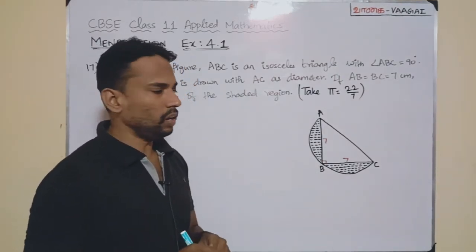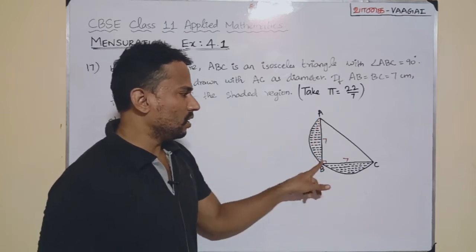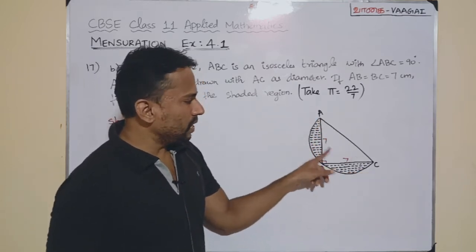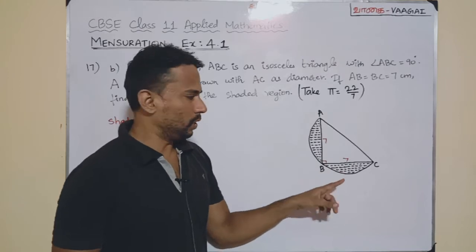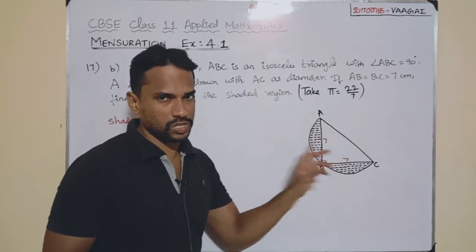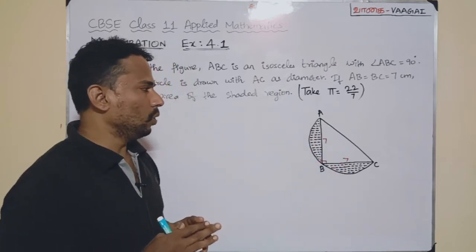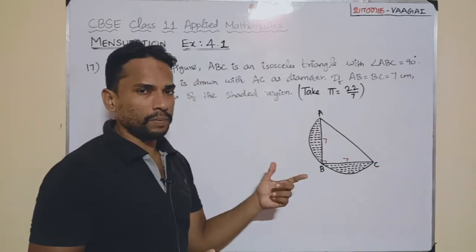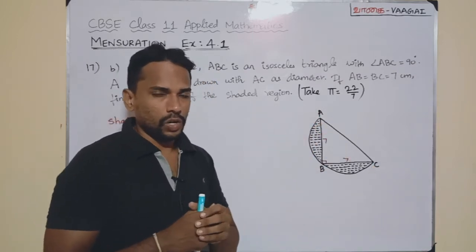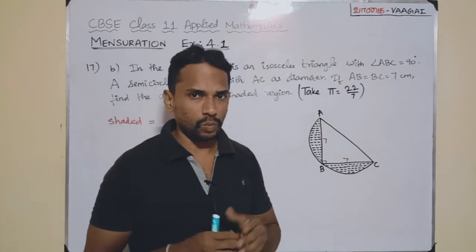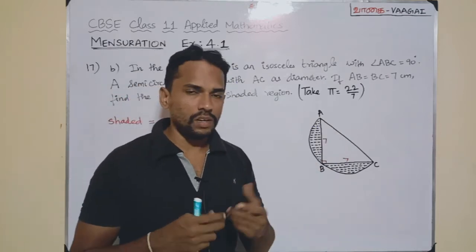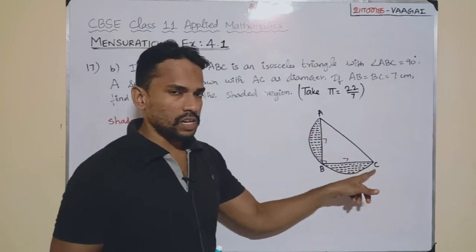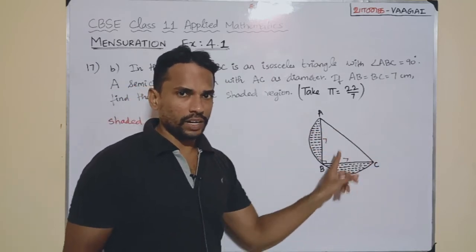Now first of all, it is very clear that we have a right angle triangle, and the base and height of this right angle triangle are going to be 7 centimeter each. That is clear. Now let's think about this semicircle. For the semicircle, what about the diameter? AC is the diameter. Now what would be that AC? What will be the length of that AC? Very simple. This AC is actually the third side of this right angle triangle also.